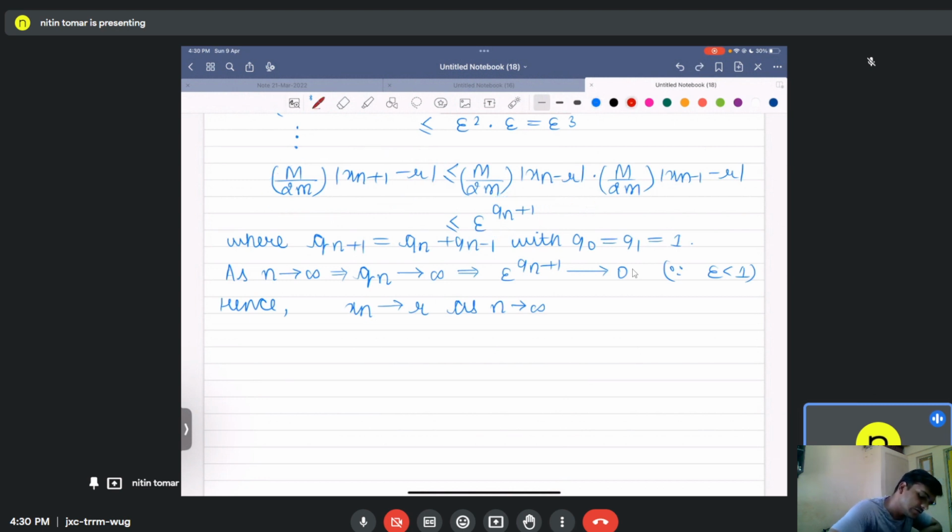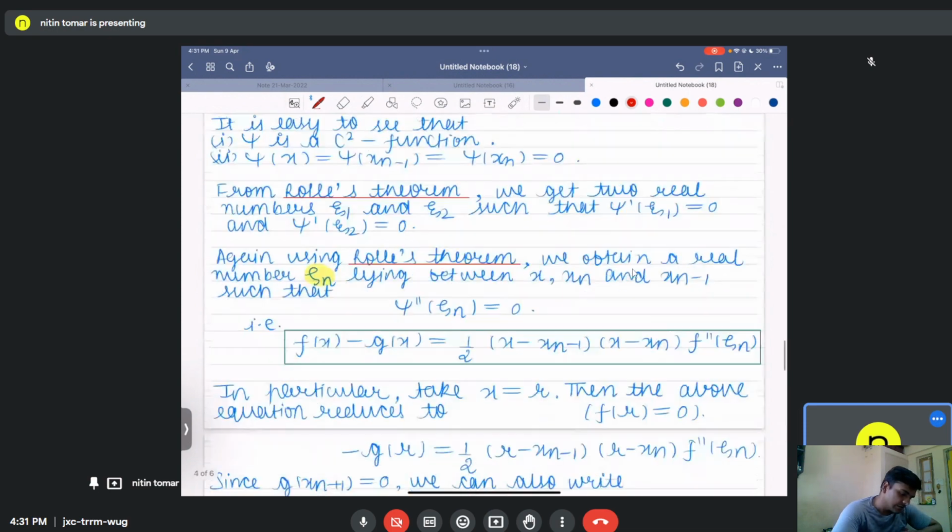So from where does it follow? It follows from the comparison test. So this was actually, if you note, the second statement that we needed to prove.